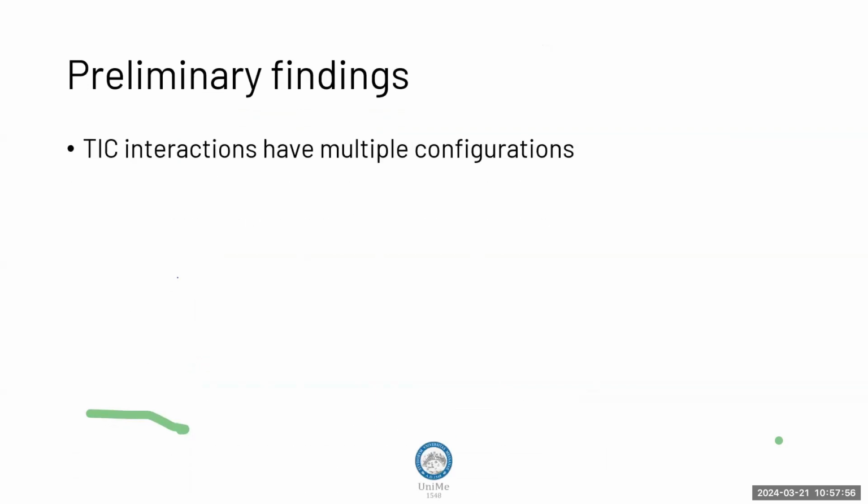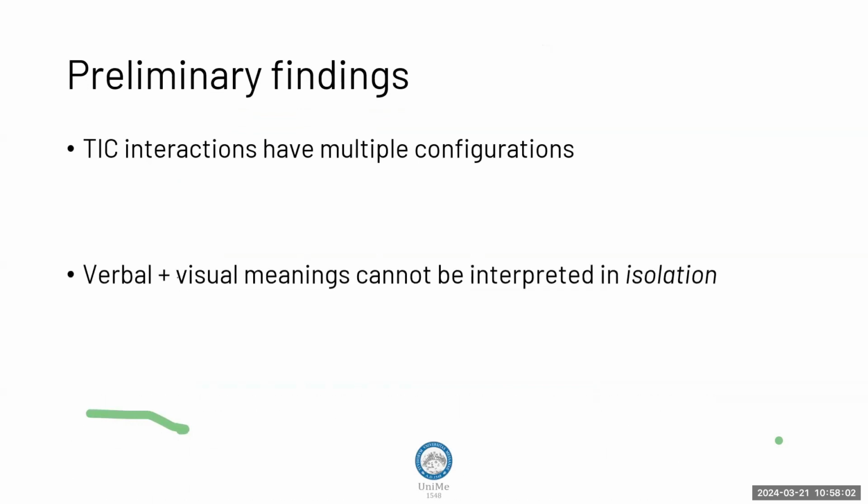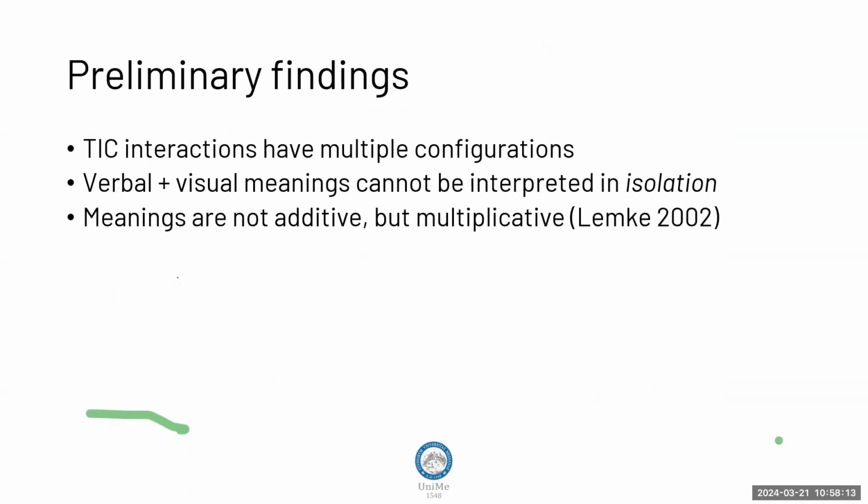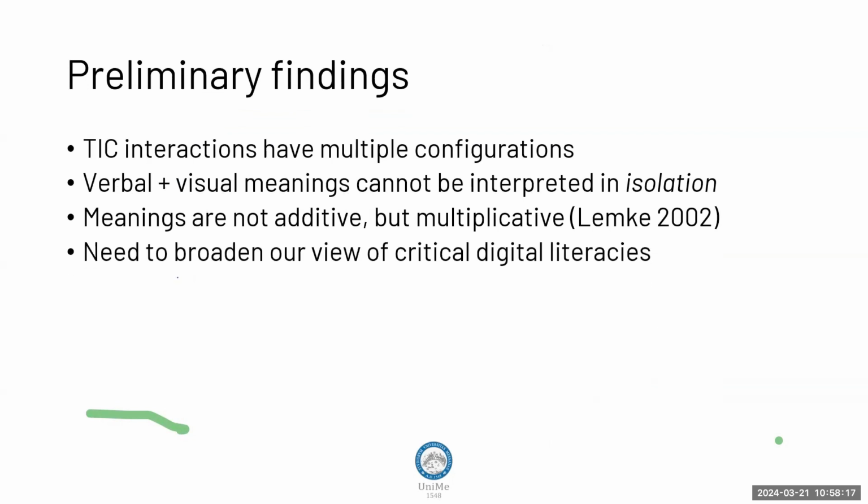In terms of preliminary findings, these text-image combinations have many different configurations, and meanings cannot be interpreted in isolation. So I hope I made a case about the need to see and to interpret these combinations. Meanings are multiplicative, and we perhaps need to broaden our view of critical digital literacy.